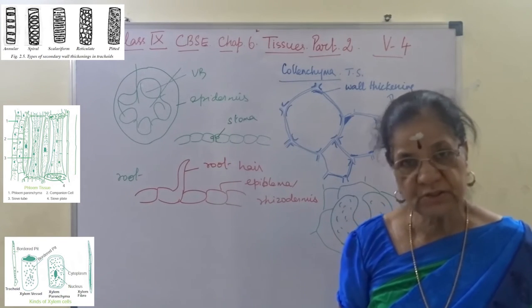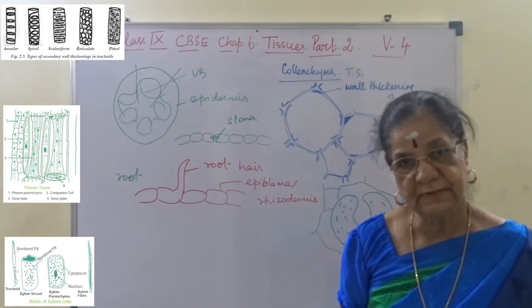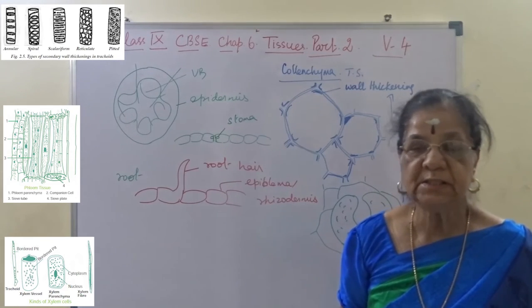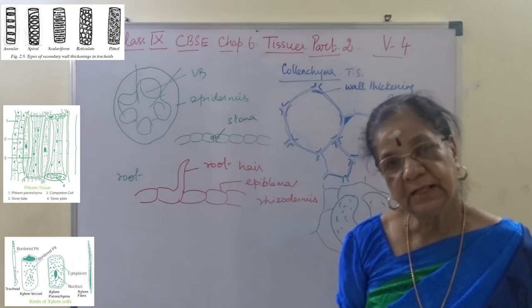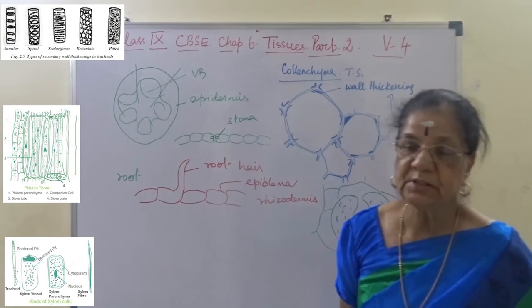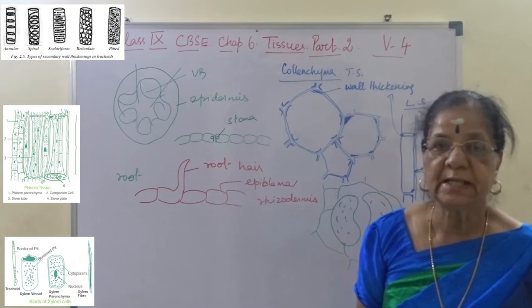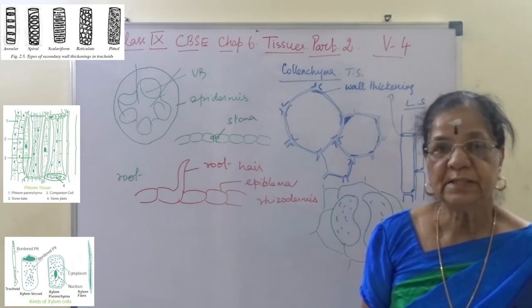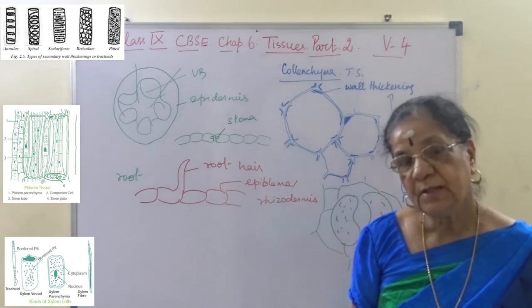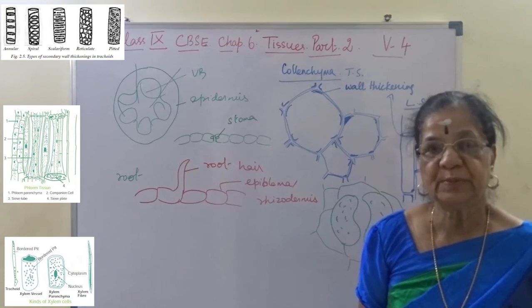For photosynthesis, carbon dioxide is taken in and oxygen is given out. For respiration, oxygen is taken in and carbon dioxide is given out. At the same time, the oxygen released during photosynthesis can also be utilized by the green plants for respiration, and that is called photorespiration.